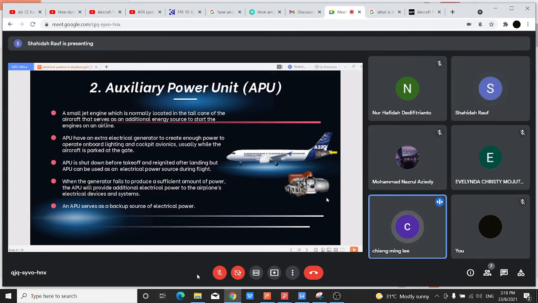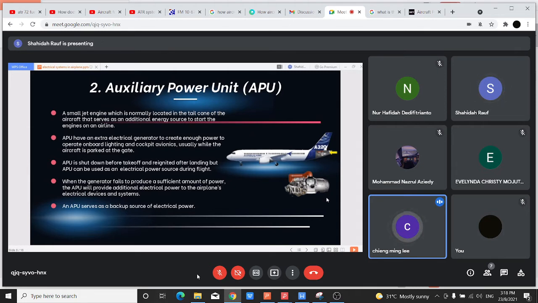There was one question asked: how do you charge your battery? Inside the aircraft there is a box called the battery charger. Every time there is electrical power, the charger charges your battery to ensure it is always fully charged.